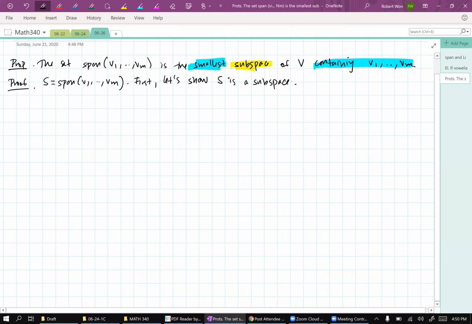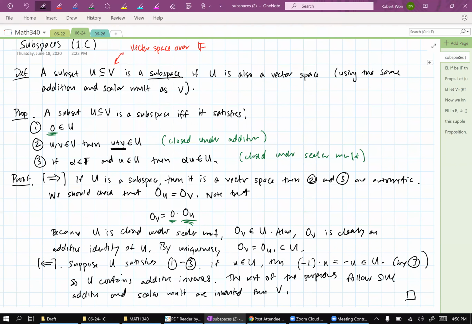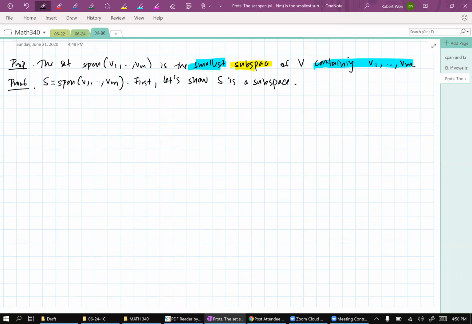You show that it satisfies the three criteria of being a subspace, which we covered last lecture. This proposition from last lecture says you're a subspace if you contain 0, you're closed under addition, and you're closed under scalar multiplication.